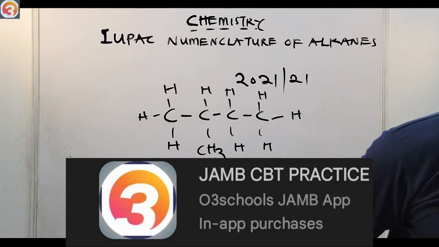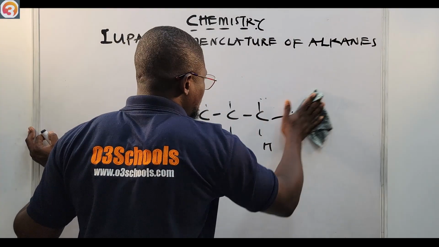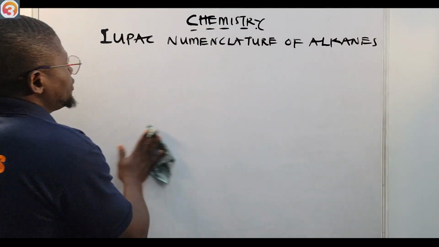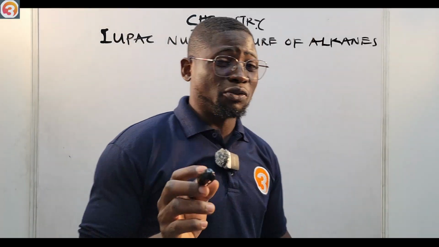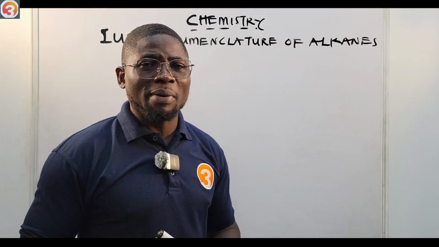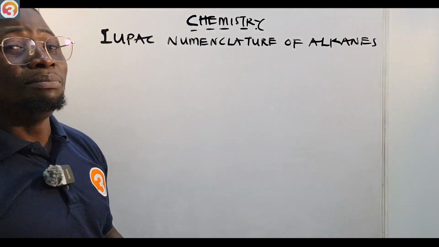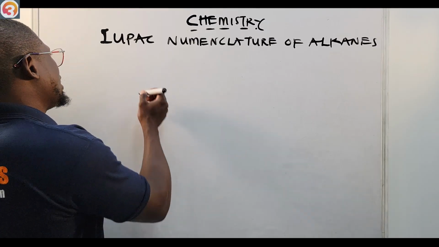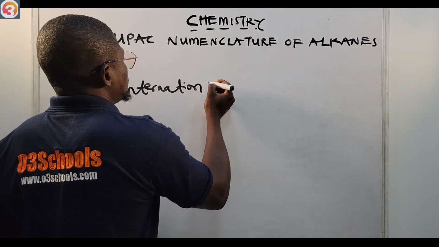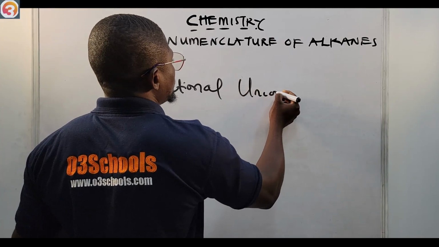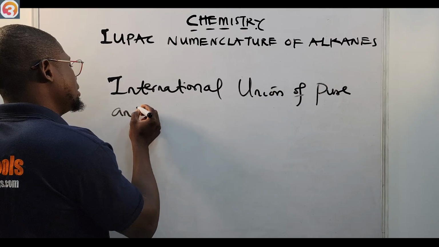All right, let us leave too much talk and talk about the IUPAC nomenclature of alkanes. So basically, first of all, what is even IUPAC? If this is your first time of hearing IUPAC, I think this is a past question on Jamb. Just search for IUPAC using the question search feature on the O3 Schools Jamb app. You will see a question asking the full meaning of IUPAC.